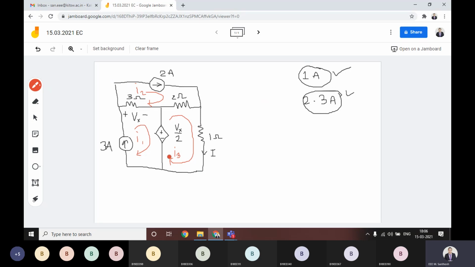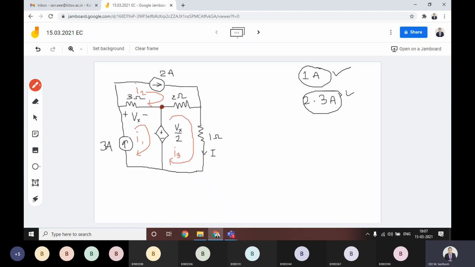Instead of that you can apply a combination of KCL and KVL, so that you will get the value very easily. First I am applying the KCL.